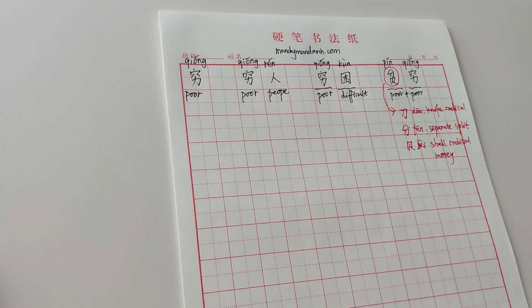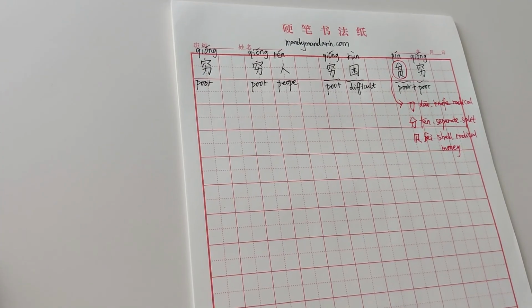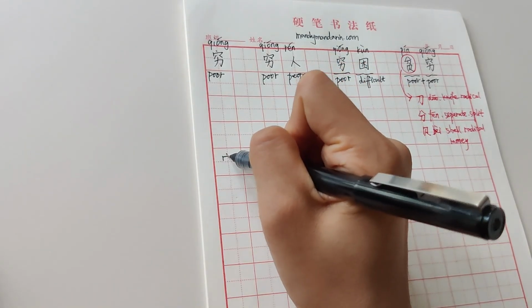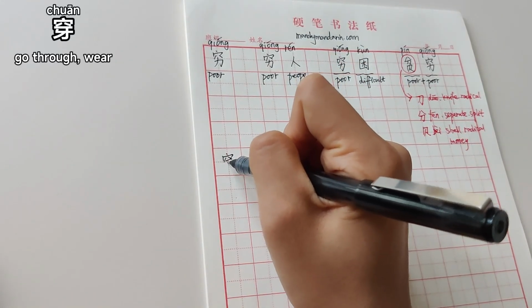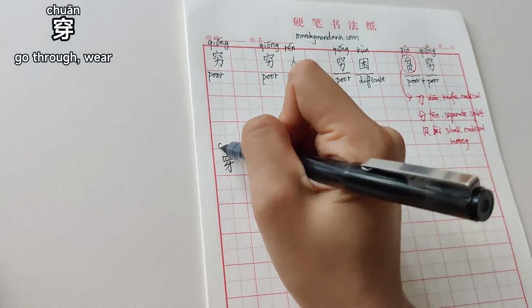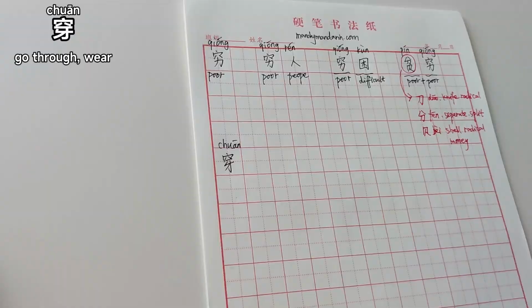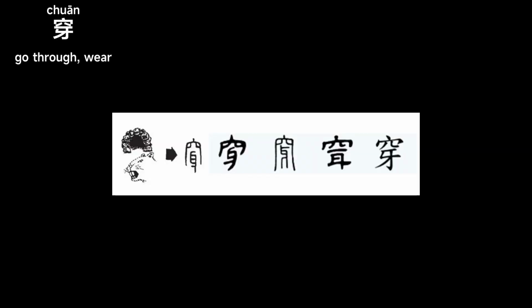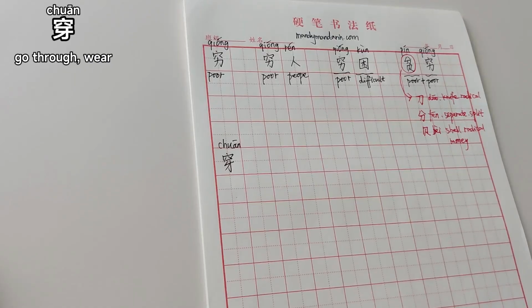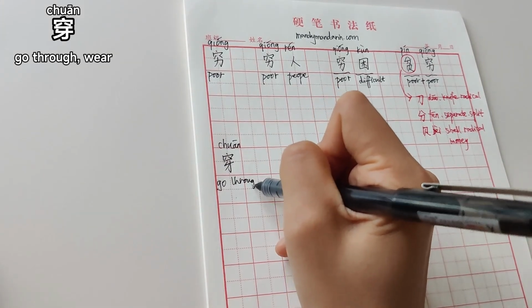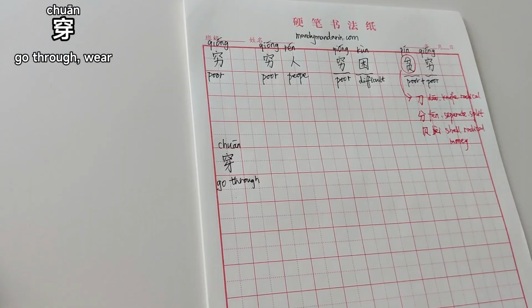And let's get to the last example with the cave radical today. And that would be 穿. Here is the evolution of the character 穿. And the 穿 could mean to go through. Let me give you a sentence.